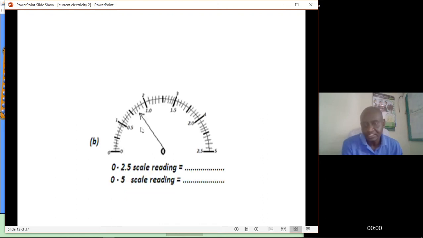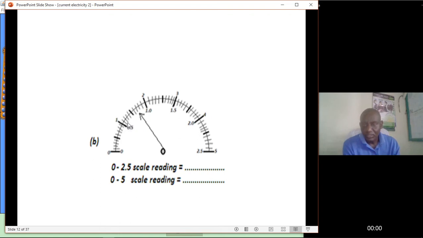Now the reading is here. Take your time and read what you have seen. So what is the scale reading for the case of 0 to 2.5? This is 0.5.